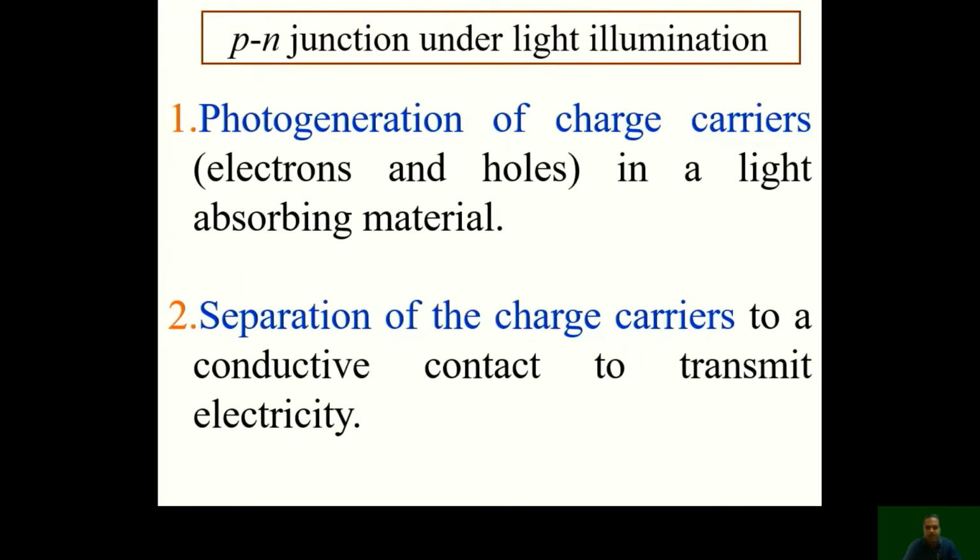In most conventional solar cells, the light absorbing material is silicon. The second step is to effectively separate the electron hole pairs, and effective separation of the electron hole pairs leads to higher efficiency of the solar cell. So these are the two basic processes: one is photon generation and the second is the separation of the charge carriers.